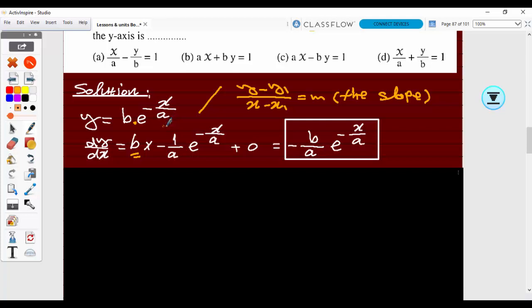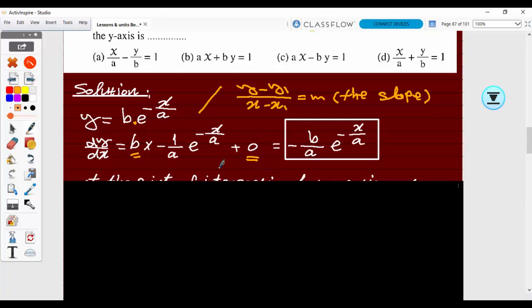Its derivative equals the derivative of the power, negative 1 over a, multiplied by the function itself, e power negative x over a, plus the second function multiplied by the derivative of the first, and the derivative of b is 0. So the second multiplied by the derivative of the first will be 0.